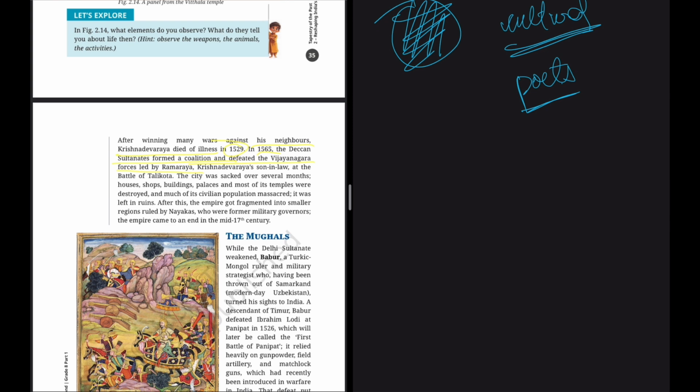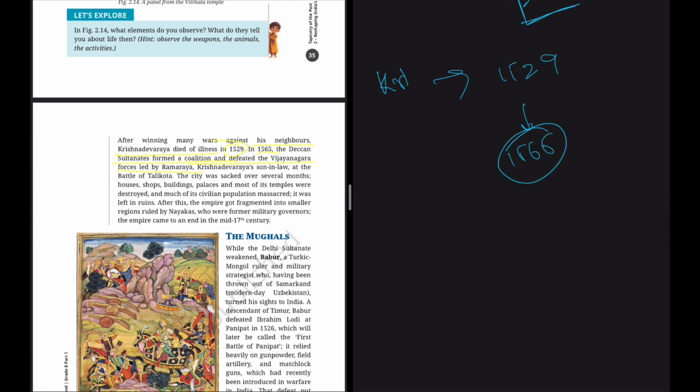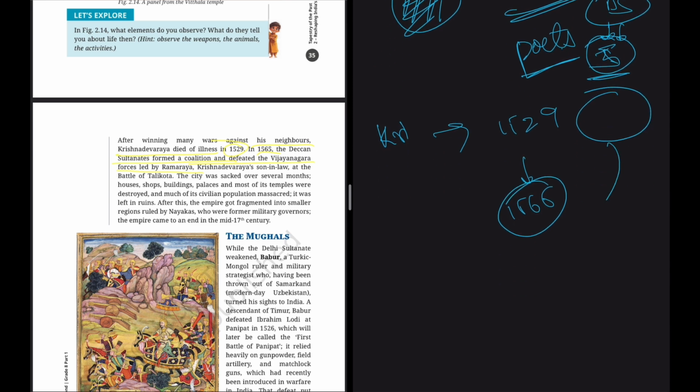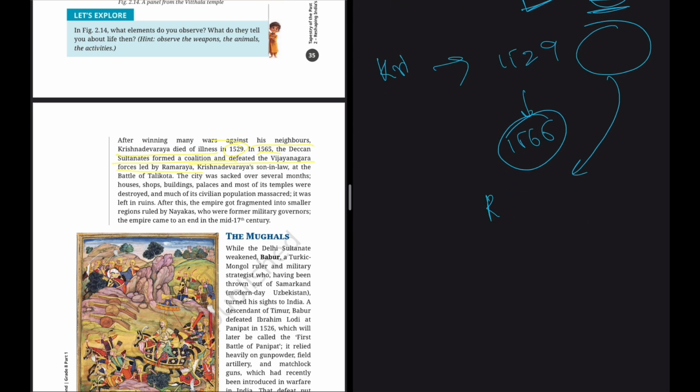Basically, there was the Bahmani Sultanate, which was divided into five states, and these were called the Deccan Sultanates, and they formed a coalition and defeated the Vijayanagara forces led by Rama Raya.